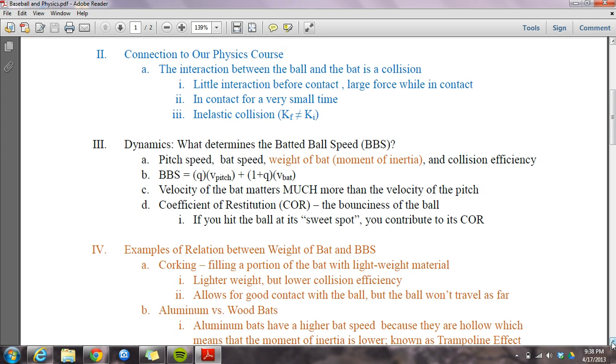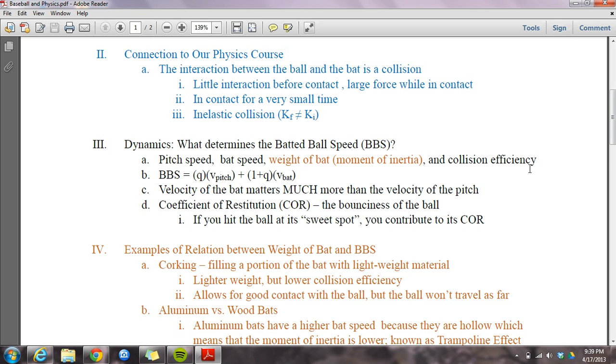Some key factors that determine BBS are the pitch speed, how fast the pitcher throws the ball; the bat speed, which is how fast the guy holding the bat swings the bat; the weight of the bat, because that deals with the moment of inertia; and the collision efficiency, which is a property of both the ball and the bat. He gave an equation.